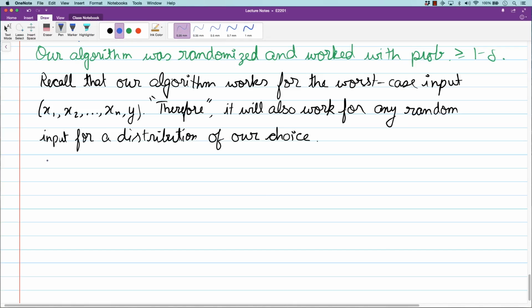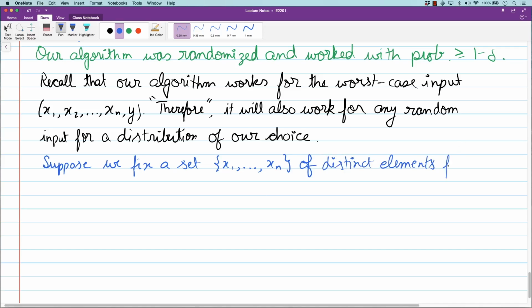Suppose we fix a set x1 to xn of distinct elements from X. We will generate our input from these elements.